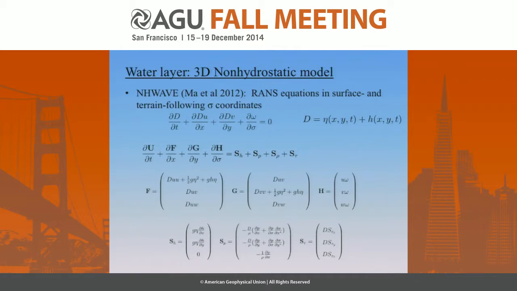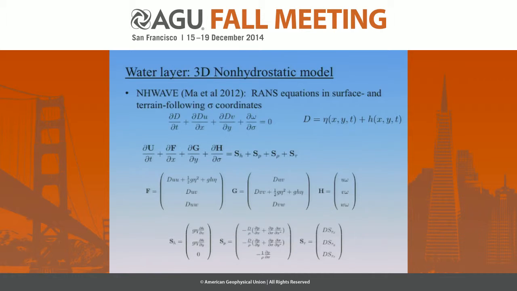For the modelers in the audience, if there are any, our treatment of the water layer is done using a model we've developed in-house called NH-Wave, which is essentially a solution either for the Euler equations if you're neglecting fluid stresses, or for the Reynolds-averaged Navier-Stokes equations if you're including them. The model is essentially formulated in terrain and surface following sigma coordinates.